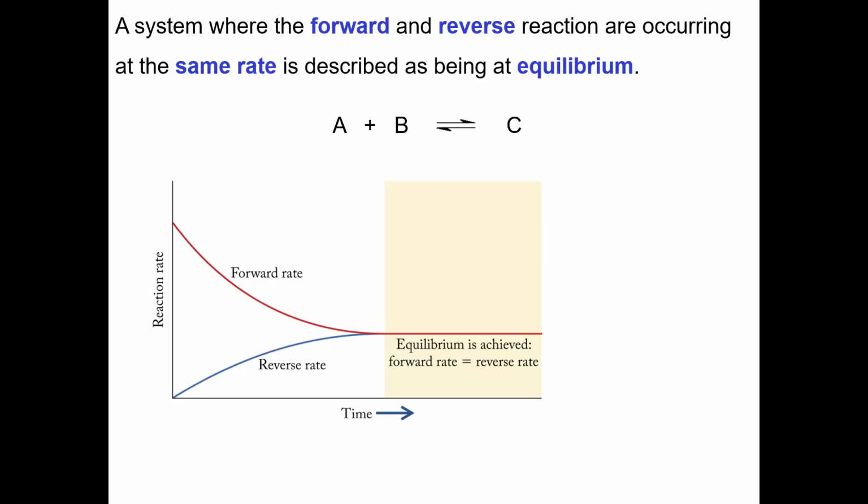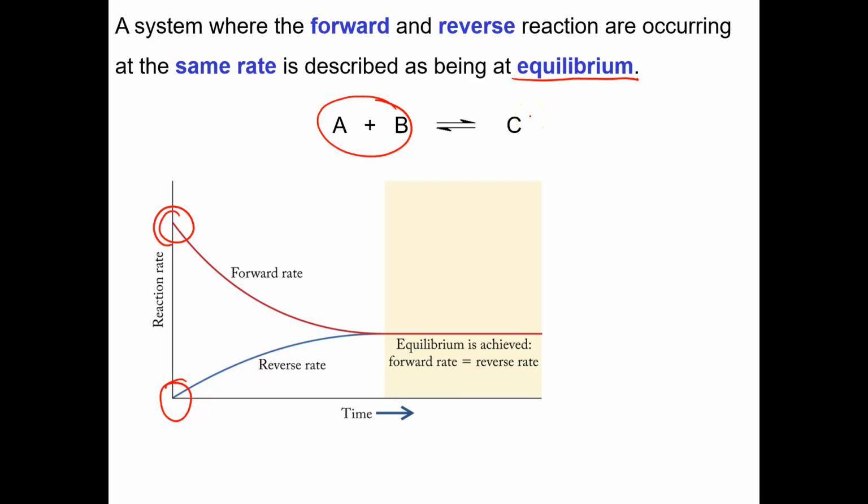So a system like this, where the forward and the reverse reactions are occurring at the same rate, is described as being at chemical equilibrium. Imagine this reaction, A plus B gives C. Initially we'll have a high concentration of A and B, so the forward rate will be quite fast. At the beginning of the reaction, when there is no C, the reverse rate will be slow.